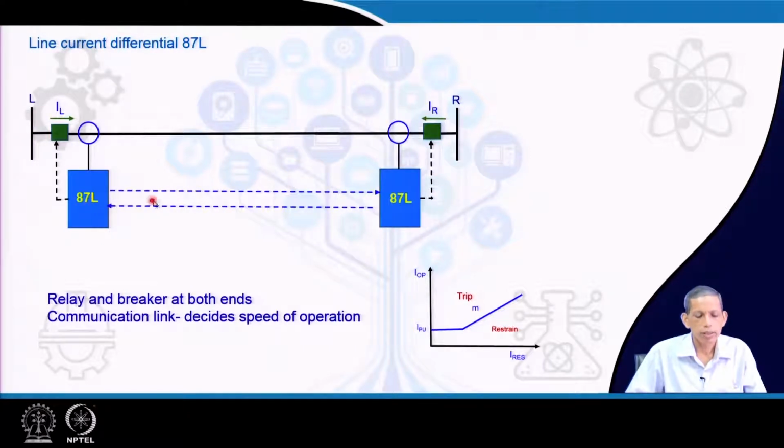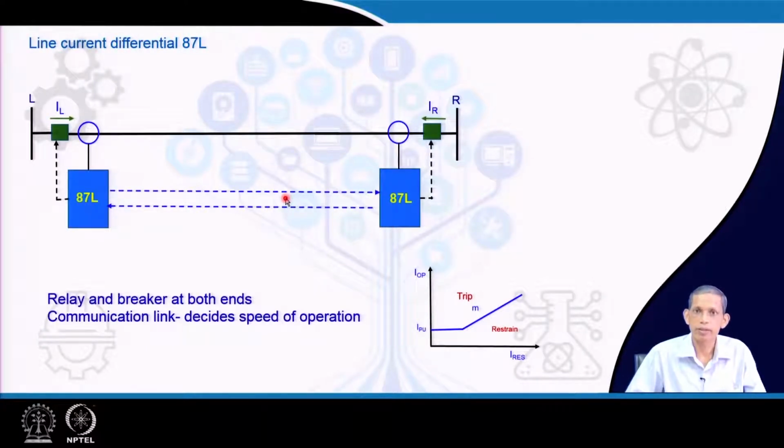Now, the associated communication delay decides at what time the corresponding differential protection will go for processing. Say, in one case, from the percentage biased differential relay perspective, it may decide every 5 millisecond, every 3 millisecond, every 2 millisecond or so, to go for this processing depending upon the communication link capacity.